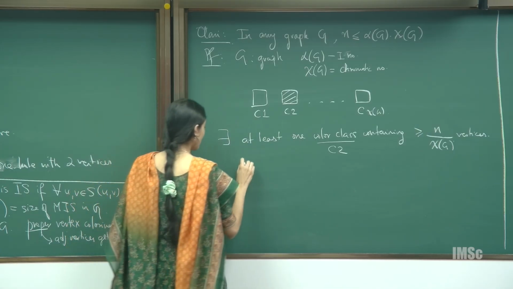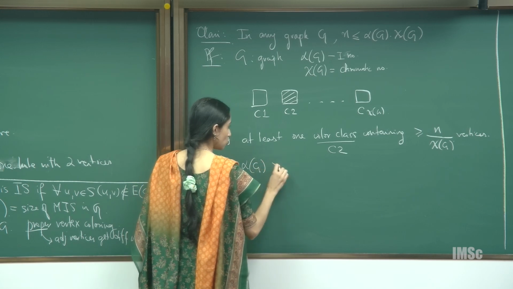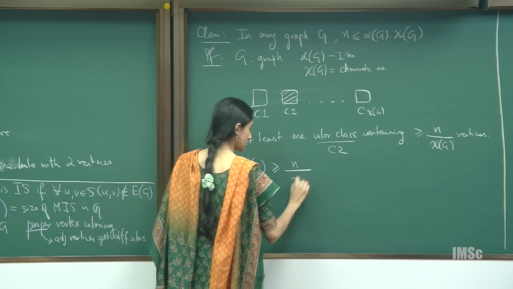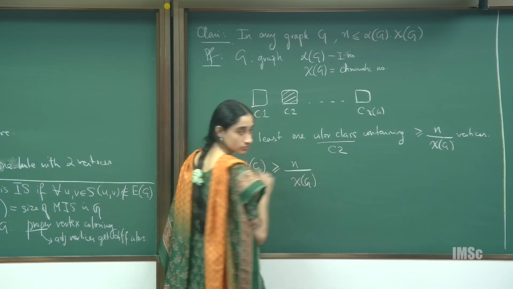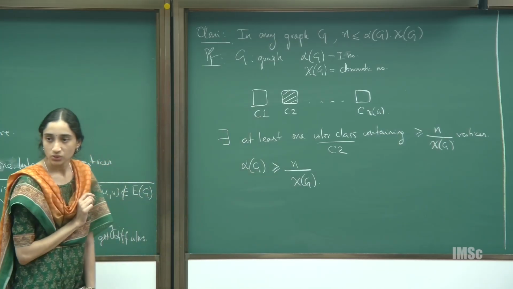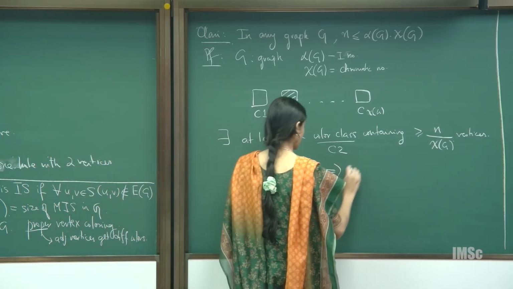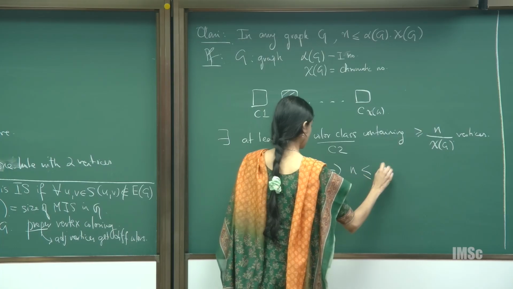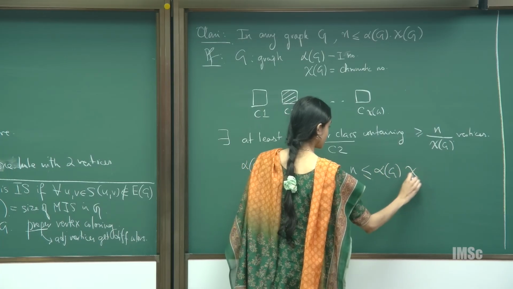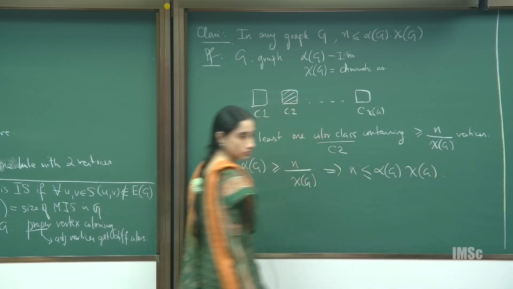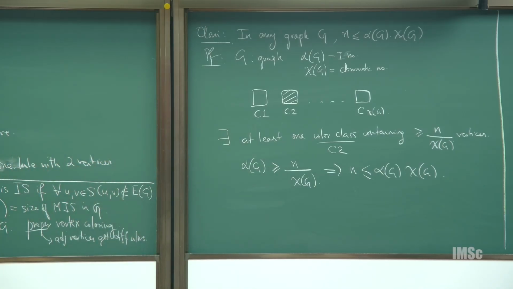So your maximum independent set size should be at least this much. Is that okay?